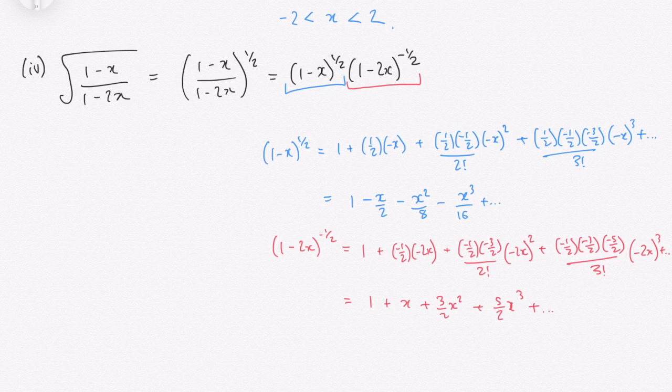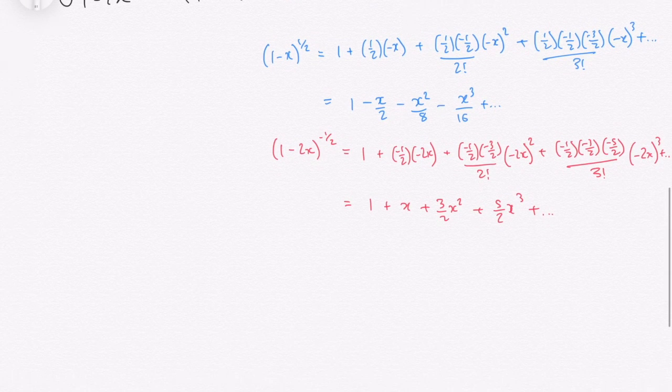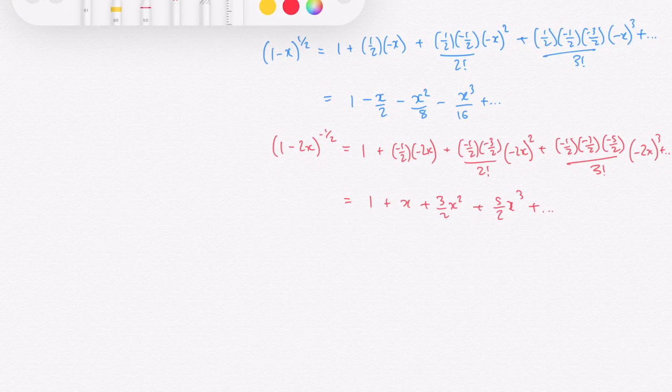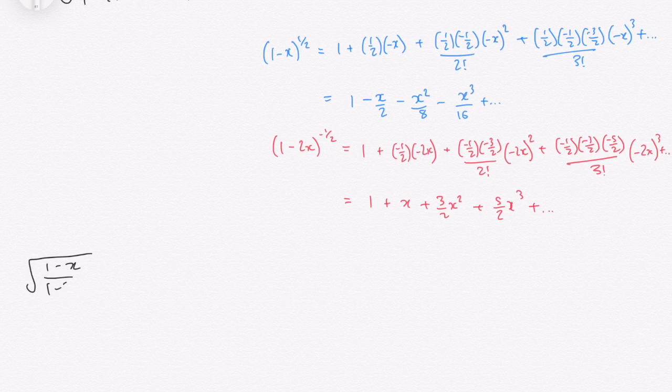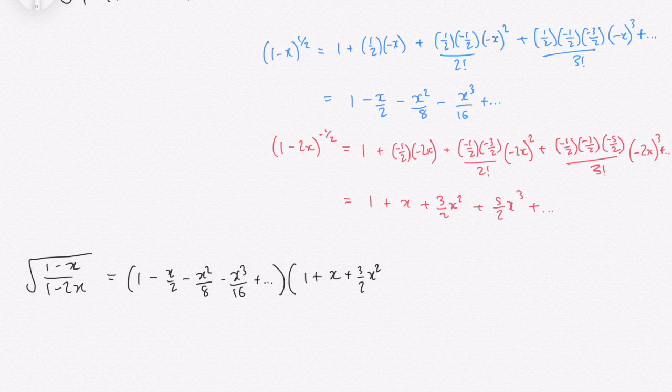So what needs to be done is to multiply these two expressions. So what do we know? We know that the square root of (1 minus x) over (1 minus 2x) is equal to 1 minus x over 2 minus x squared over 8 minus x cubed over 16 plus the following terms, multiplied by 1 plus x plus 3 over 2 x squared plus 5 over 2 x cubed.